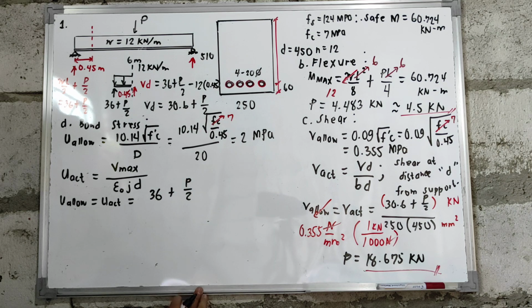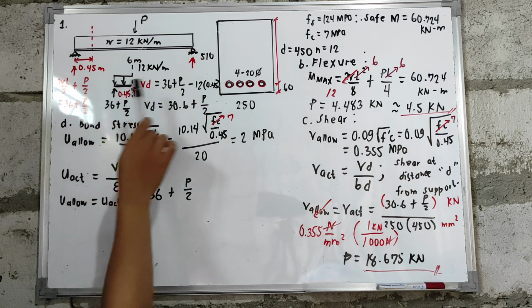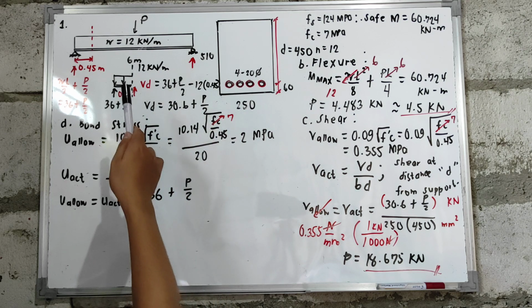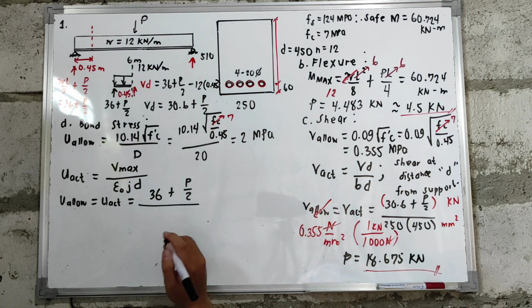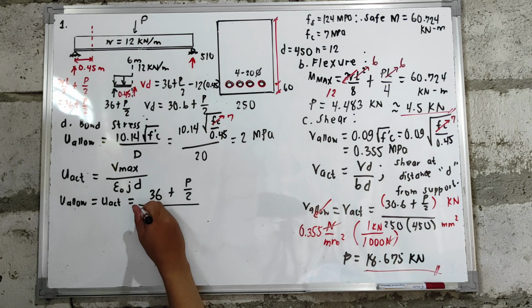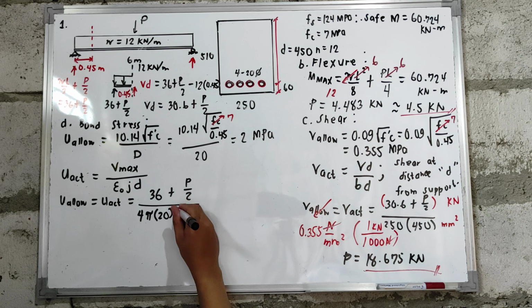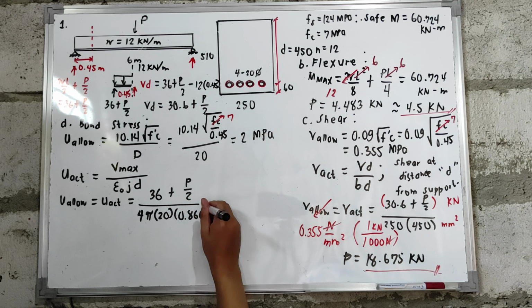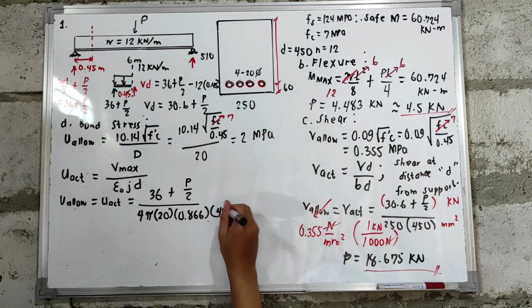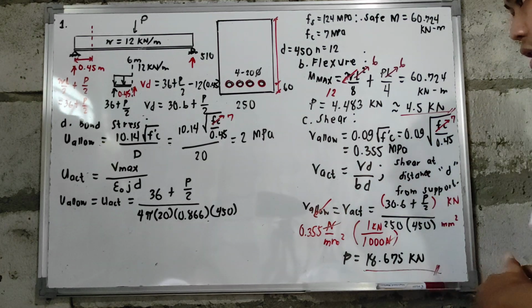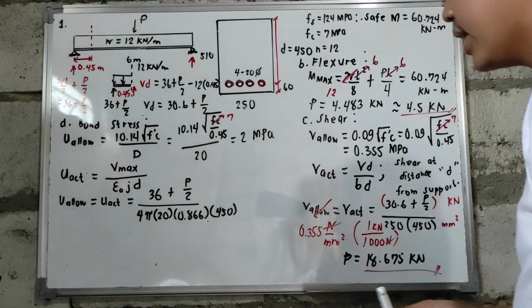Usually, the maximum shear is the reaction at the support for a simply supported beam with a uniformly distributed load and a concentrated load acting at midspan. Over our epsilon O, for 4 pieces, we look for the circumference, which is pi D. So, pi multiplied by 20, multiplied by J of 0.866, and our D, which is equal to 450 mm.